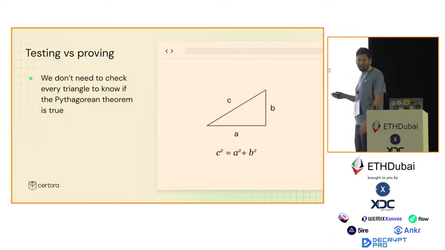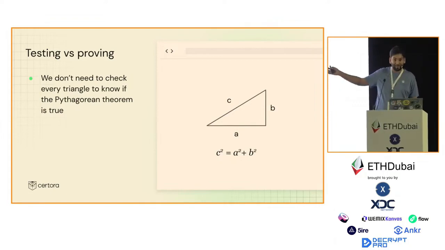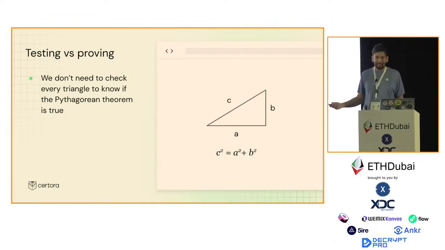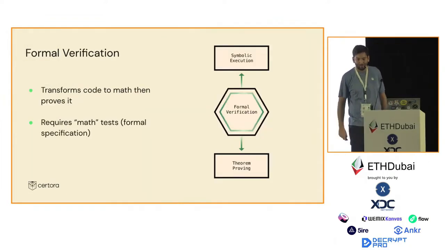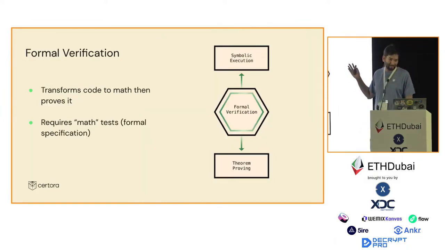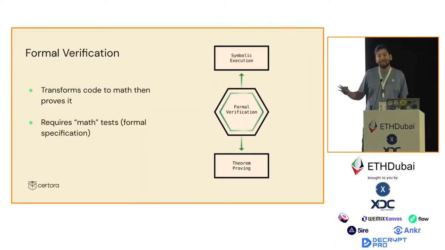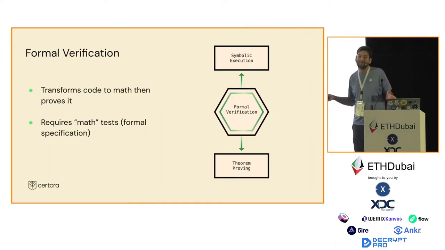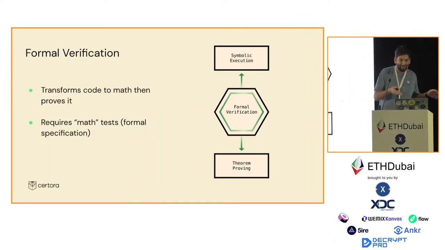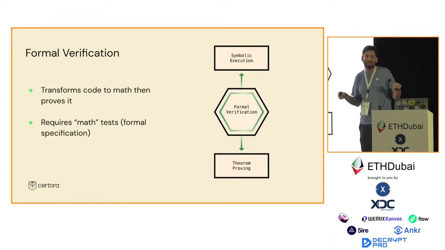And we were able to prove it using mathematical theorems. And this is essentially what we're going to do with the following technology called formal verification. Formal verification takes your code and transforms it to math, and then tries to prove that math equation.